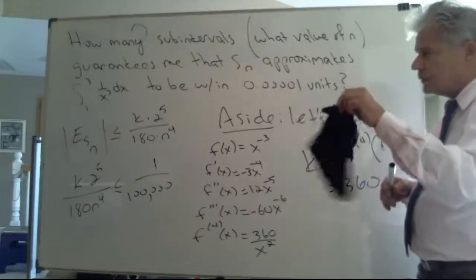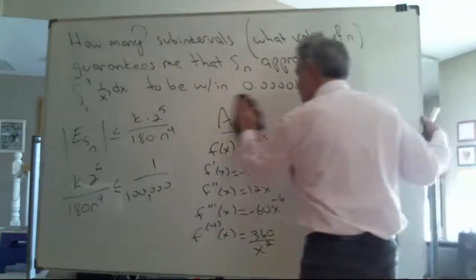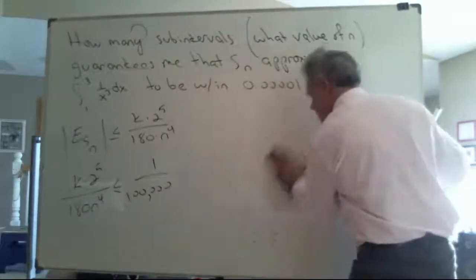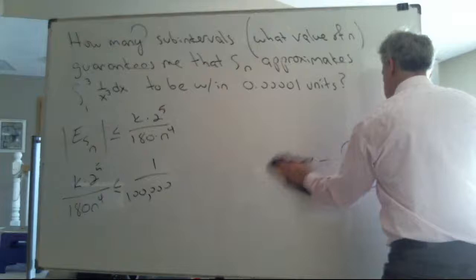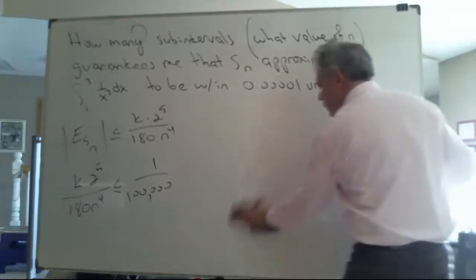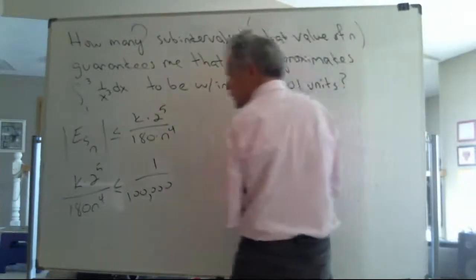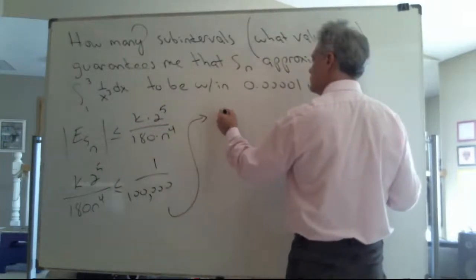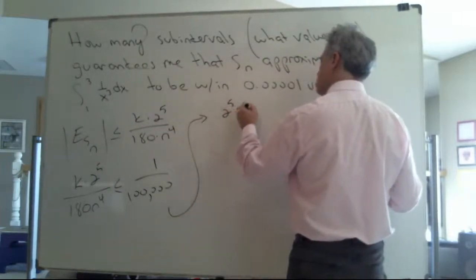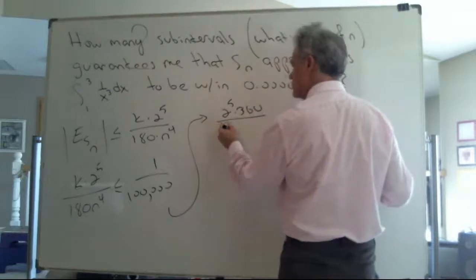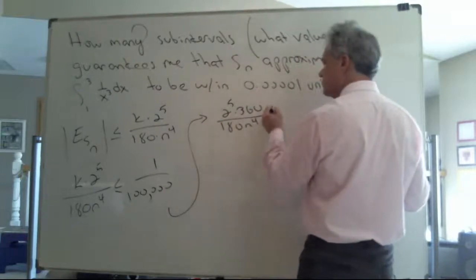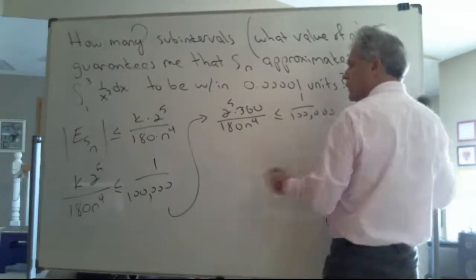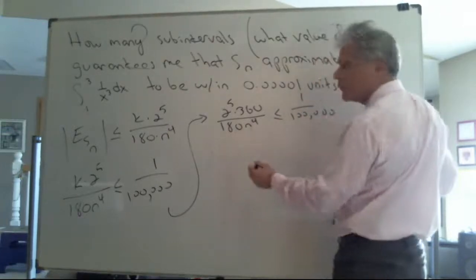Now, rewriting that relationship where K is equal to 360, I can solve for n. Well, I misspoke. I can solve for n to the fourth.